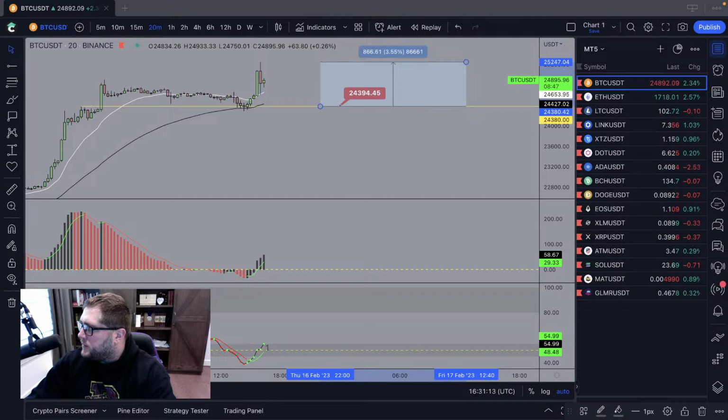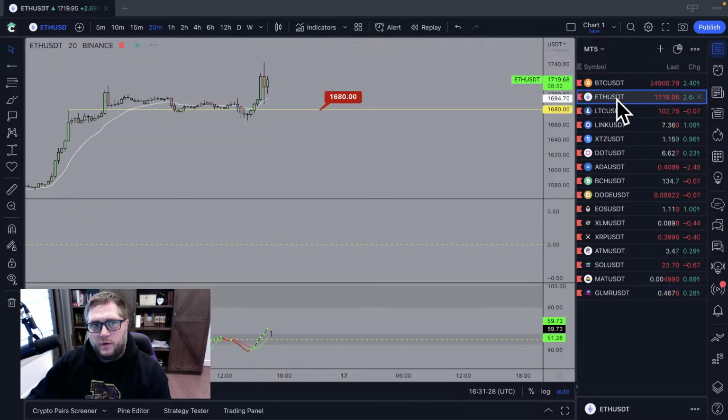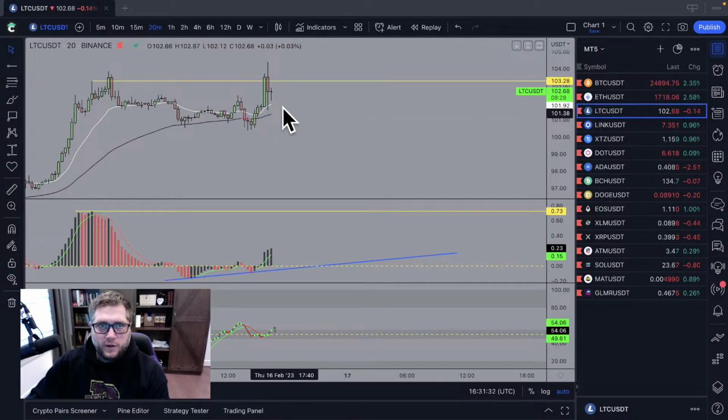All right. So I put those links in there. Again, if you wanted to take that short or that long right there, usually the open of the bar is where you're going to want to target. So that's another little trick that you can learn. Like for example here, this is Litecoin, 84.